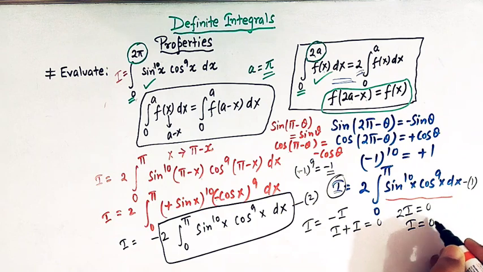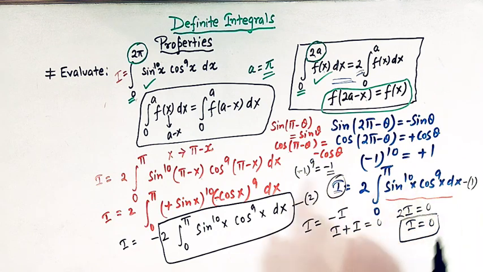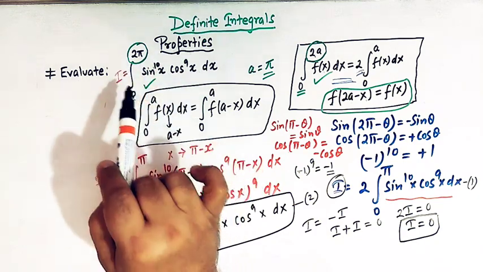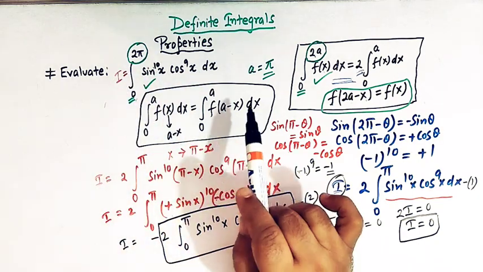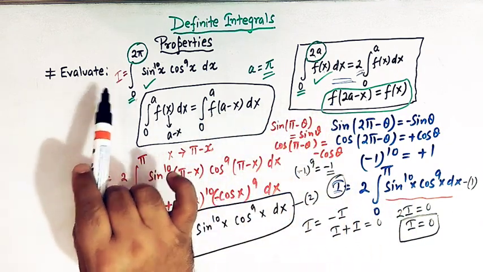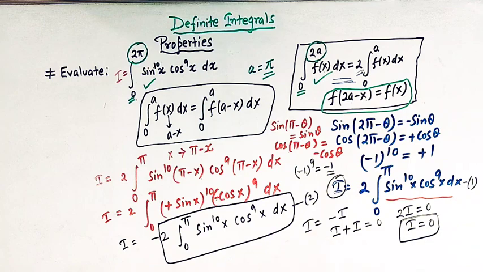So I is equal to 0. This is how we can solve these types of integrals by making use of these properties. So the value of this integral is equal to 0.